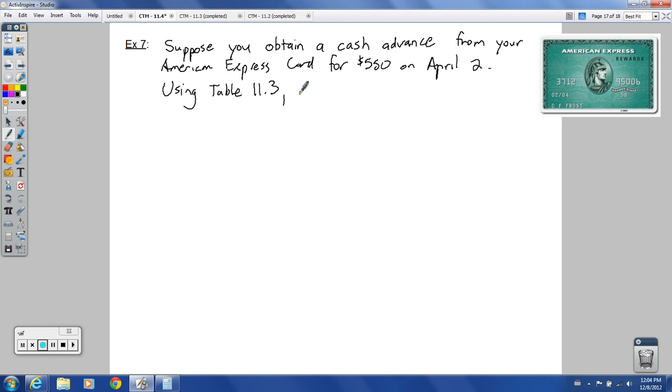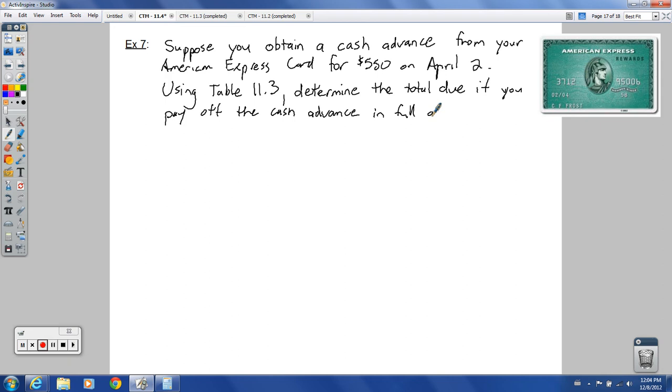We're going to just say that that's our rate, even though rates vary greatly from credit card to credit card. Determine the total due if you pay off the cash advance in full on April 27th.